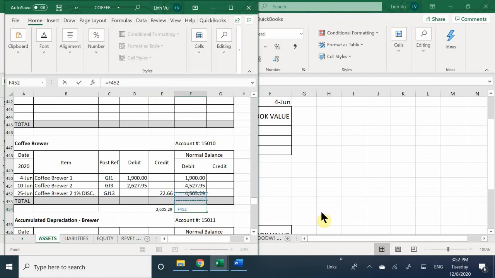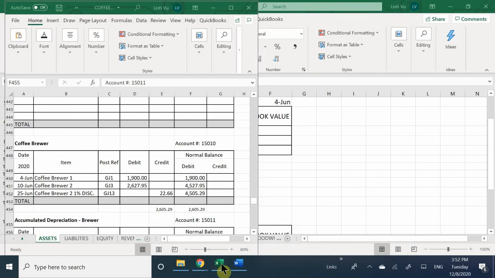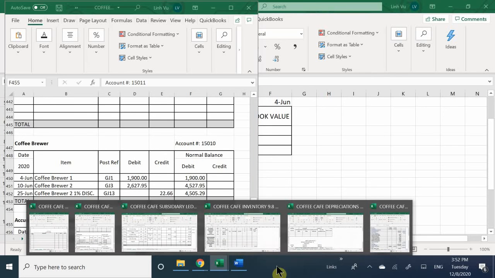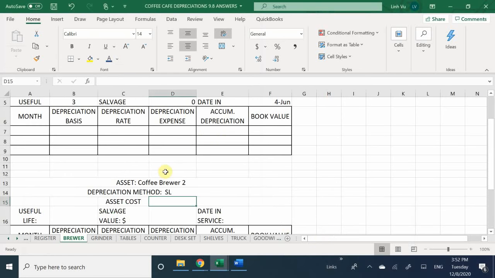$2,605.29. You could also do this minus this. Yes, and that's the cost of your second coffee brewer, $2,605.29.